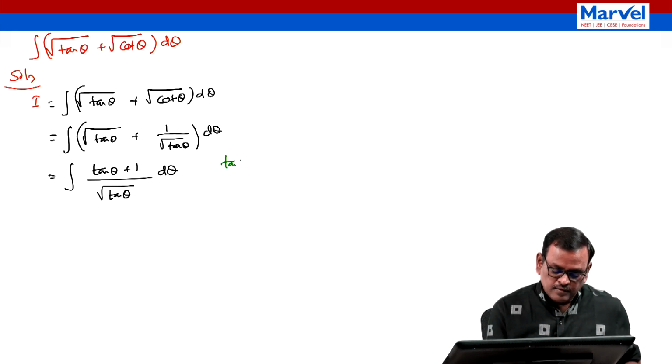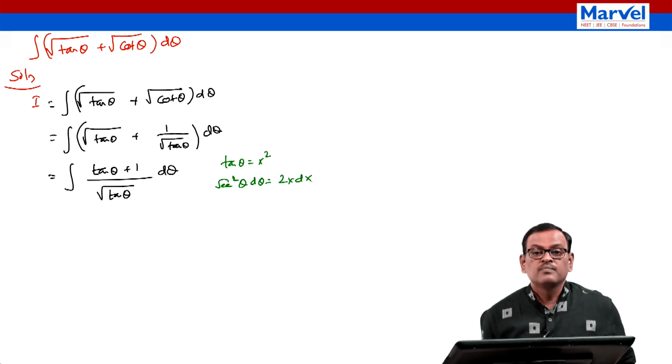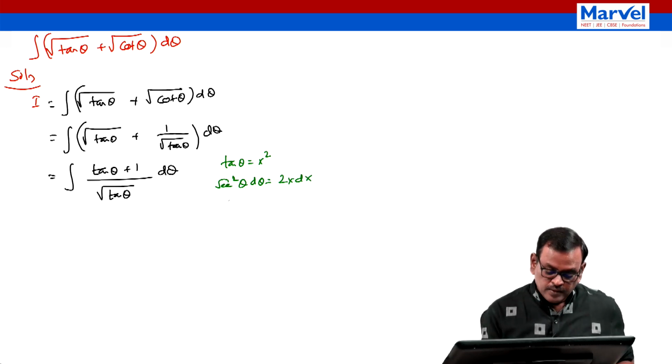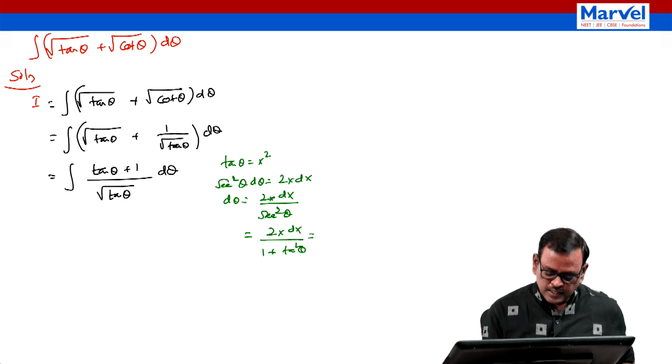Put tan theta equal to x square. Then secant square theta d theta equals 2x dx, so d theta equals 2x dx by secant square theta, which is 2x dx by 1 plus tan square theta.